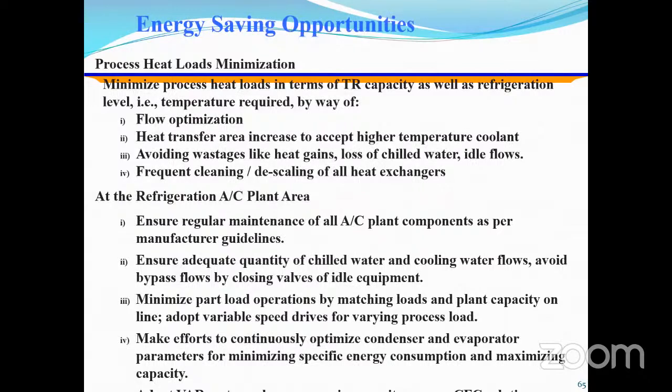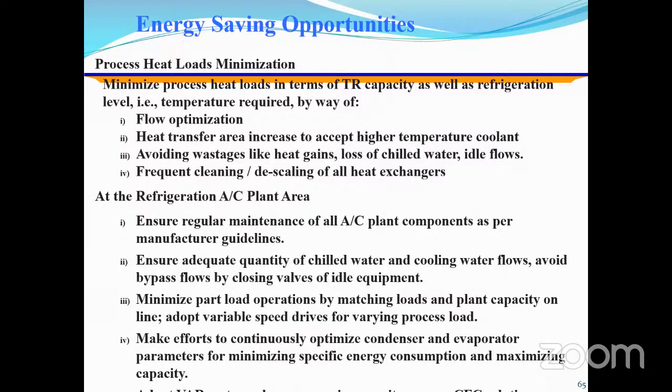So this is how to reduce the heat gains from the outside. Then process heat loads minimization. Minimize process heat loads in terms of TR capacity as well as refrigeration levels, that is the temperature required, by way of flow optimization, heat transfer area increase to accept higher temperature coolant, avoiding wastage like heat gains, loss of chilled water, idle flows, then frequent cleaning and descaling of all heat exchangers.